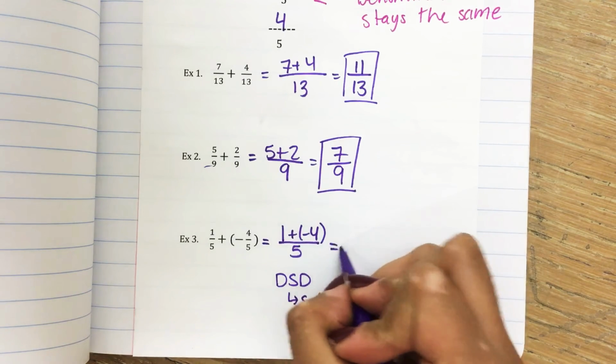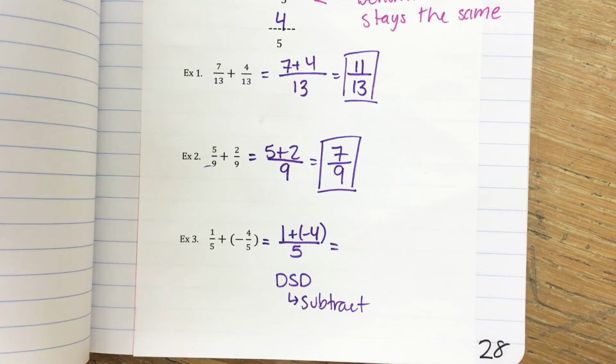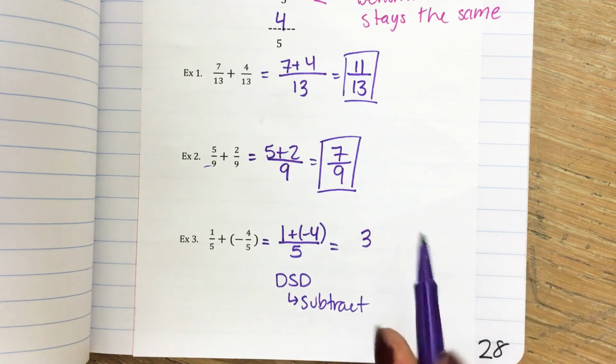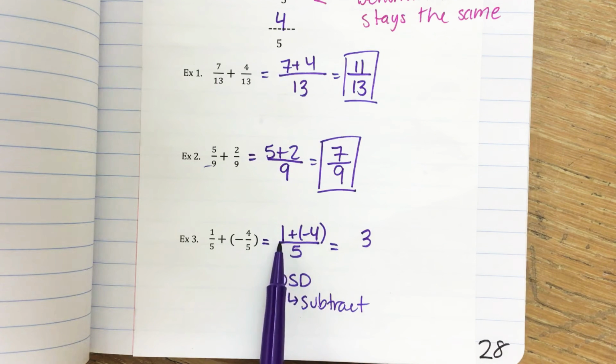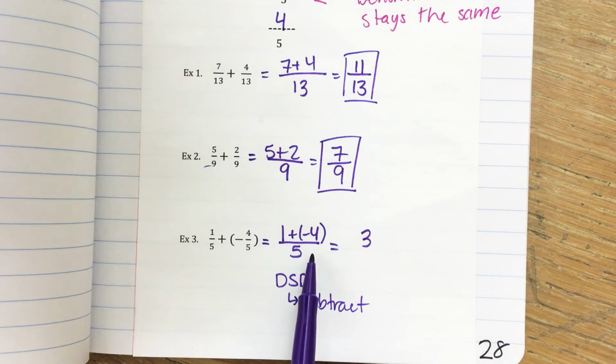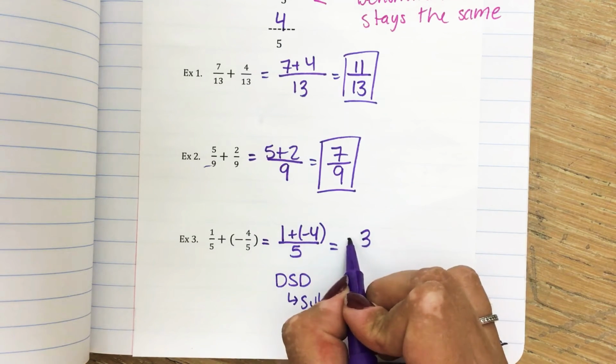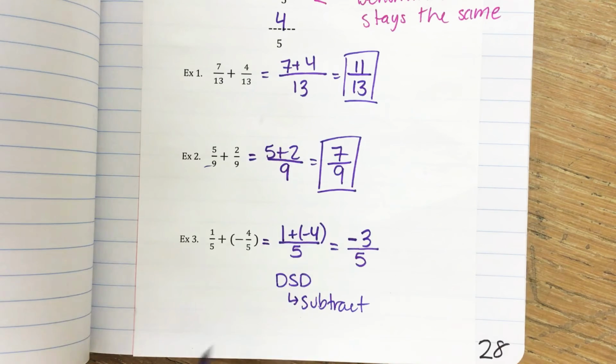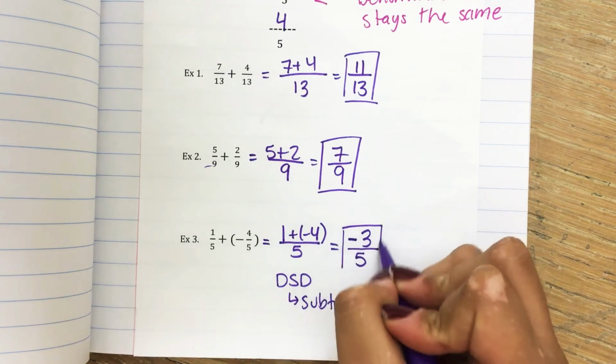So I need to subtract 4 minus 1, which gives me 3. However, we need to look back at which absolute value is greater. In this case, the 4 has a bigger absolute value, and the 4 is negative, so our answer is negative 3 fifths. This would be our final answer.